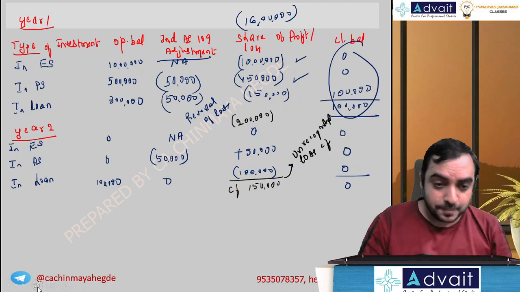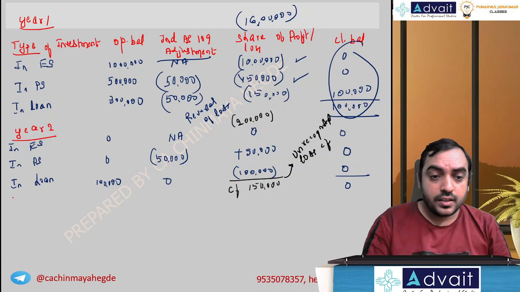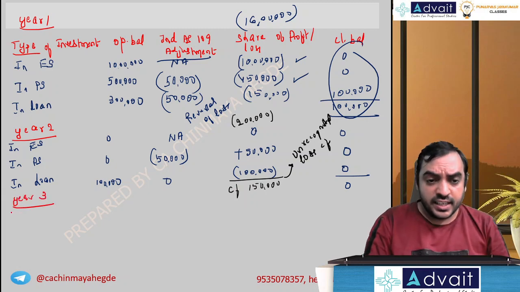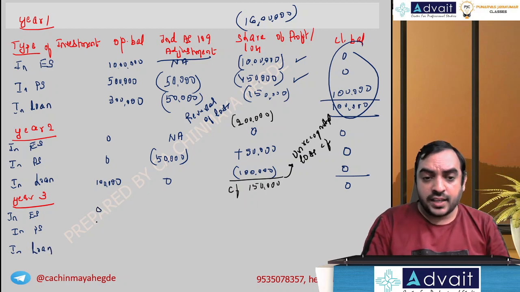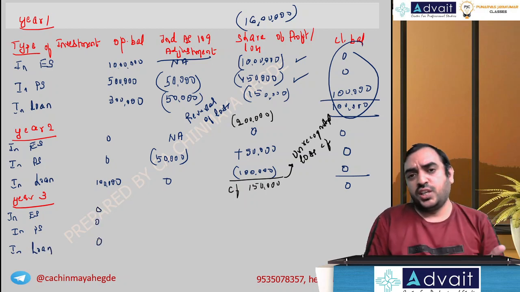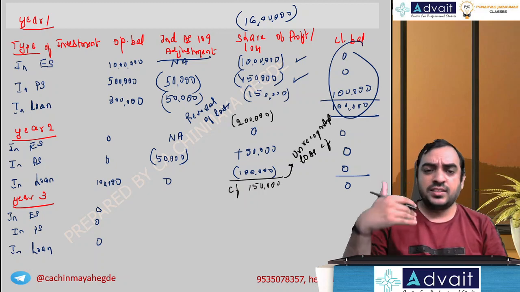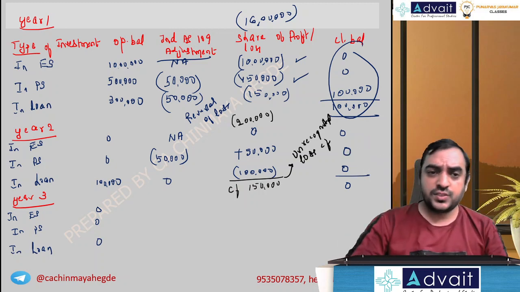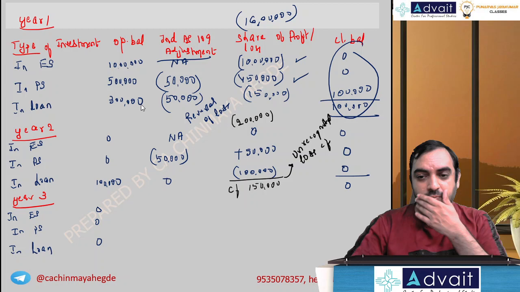I'll go to year 3. In equity shares, in preference shares, in loan, all the balances are 0, 0, 0. Second year closing balance is the third year opening balance. So 0, 0, 0.